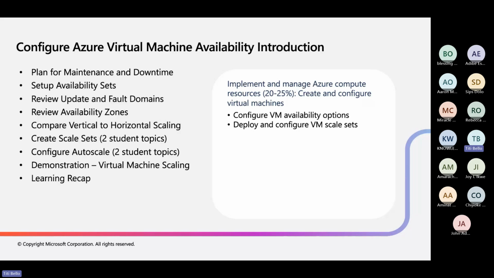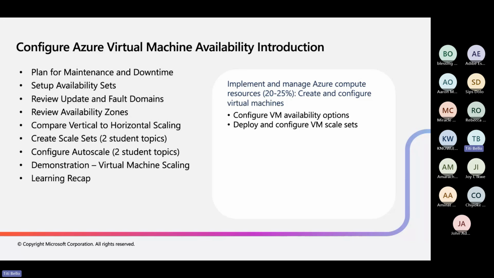The availability sets. So when I go back again, we talk about availability sets. It's a logical grouping of virtual machines that allows Azure to understand how your application is built. I think somebody needs to write this down. Availability sets is a logical grouping of virtual machines that allows Azure to understand how your application is built, to provide redundancy and availability.